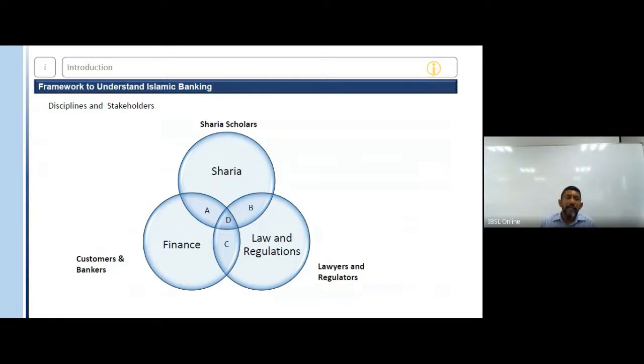So that link is what Islamic banking tries to establish on the rationale that if that link is not there, financing could create ill effects. Financing could create adverse effects, which can be detrimental to the parties involved in the longer run.